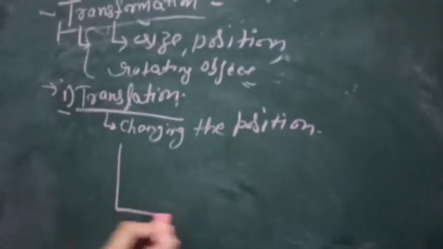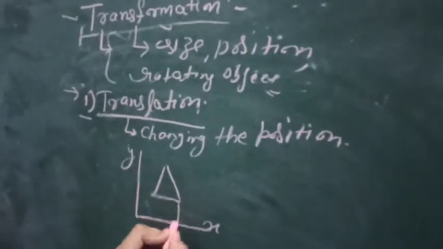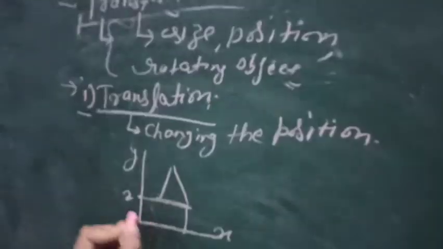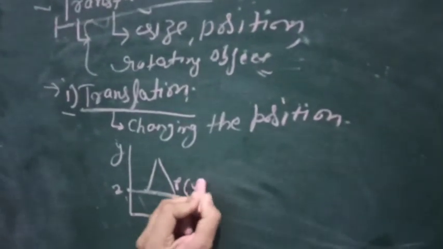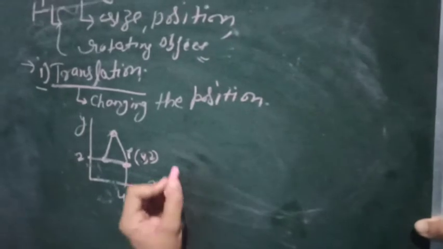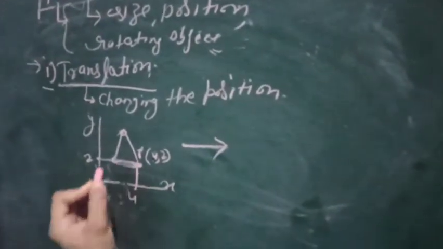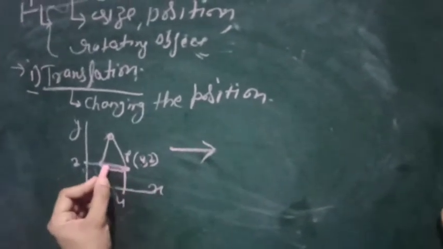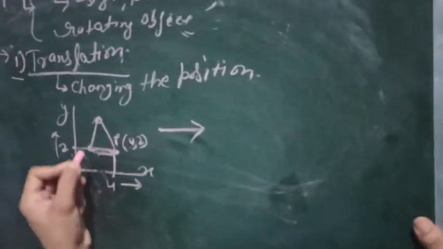Suppose we have an object in 2D and it has a point P having the coordinates 4, 2, and we want to change the position of this point and the corresponding points. Now we can change this position by changing in the x direction and in the y direction.